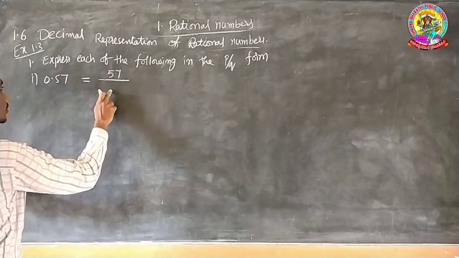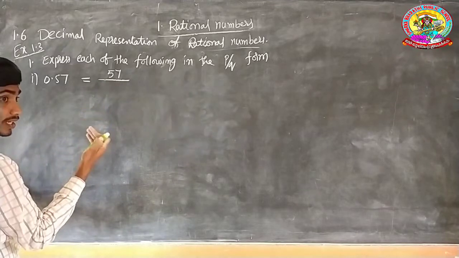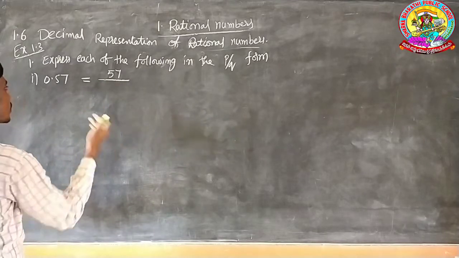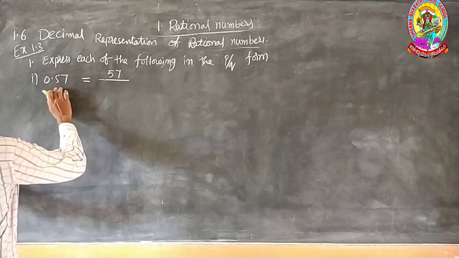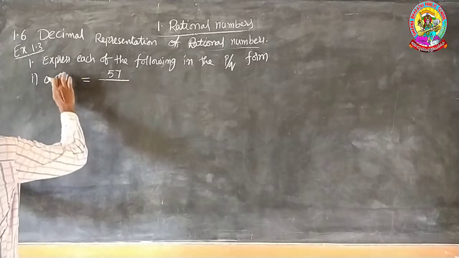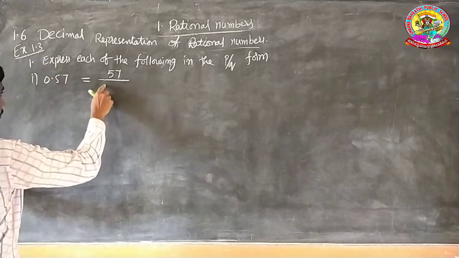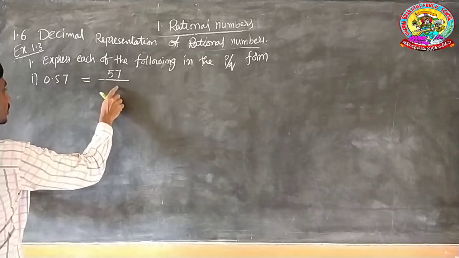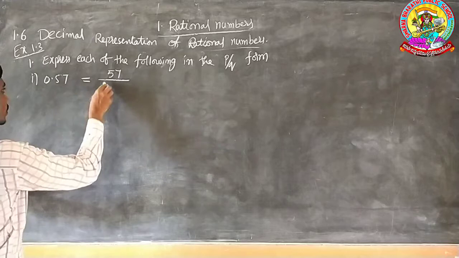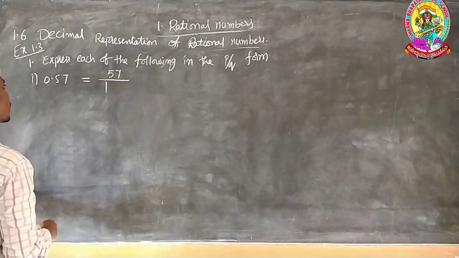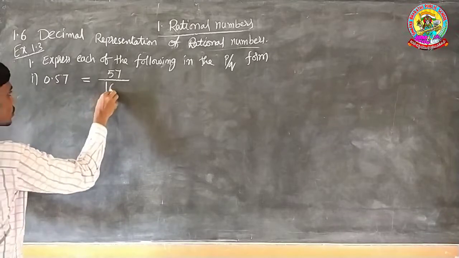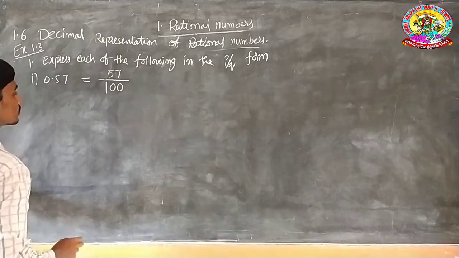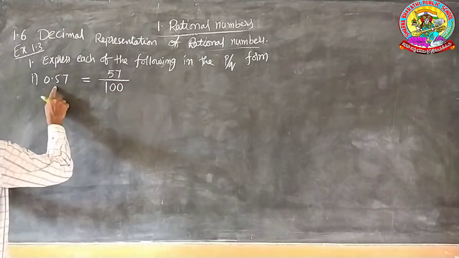In the denominator, write 10 or 100 or 1000, whichever gives the value 0.57. So first take 1, then since 2 decimal places are there, keep 2 zeros, which gives 0.57.